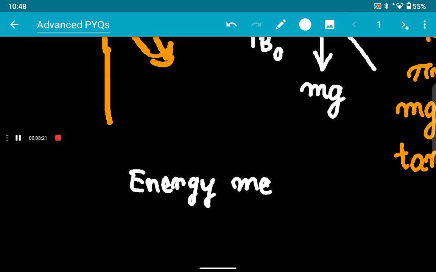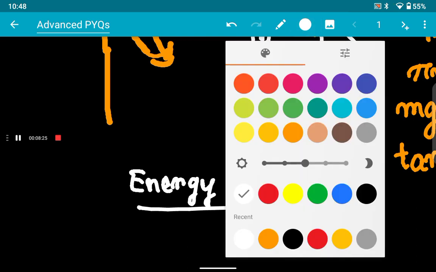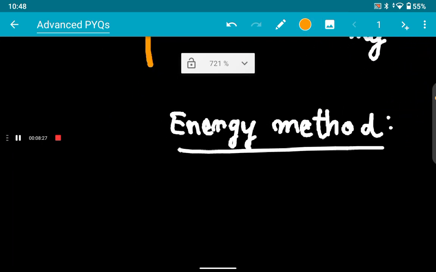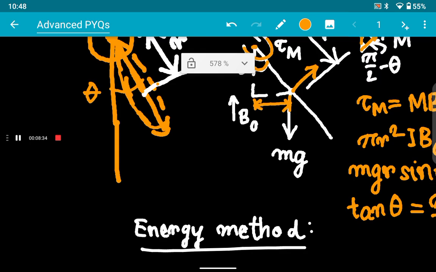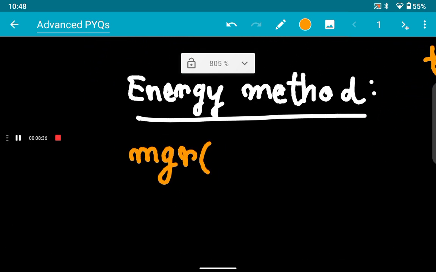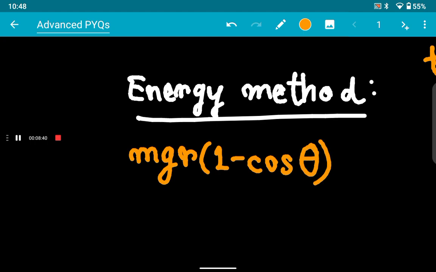Energy method. So what was our increment in potential energy? That would be mgr into, and this angle is theta, so this will be nothing but 1 minus cos theta.